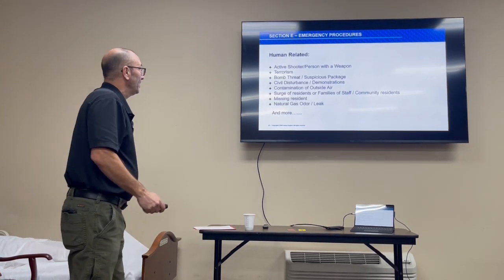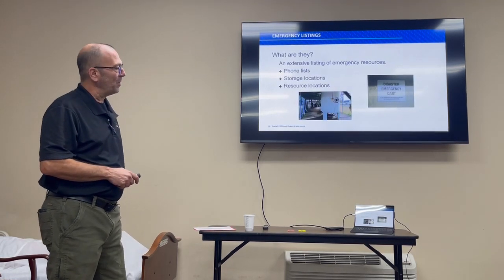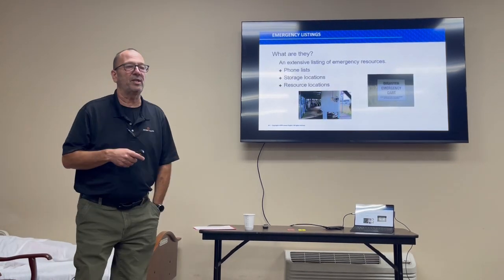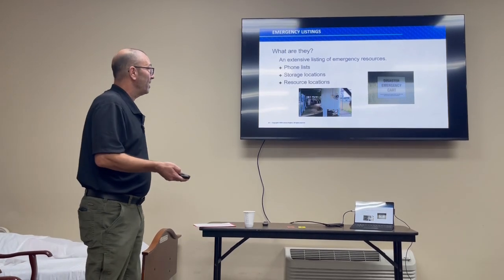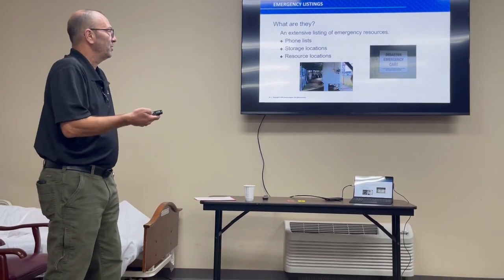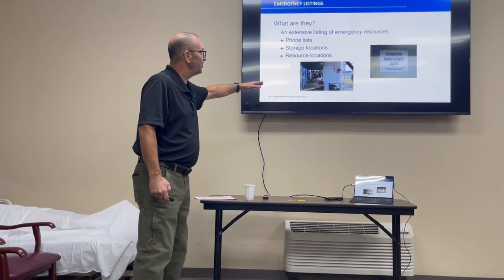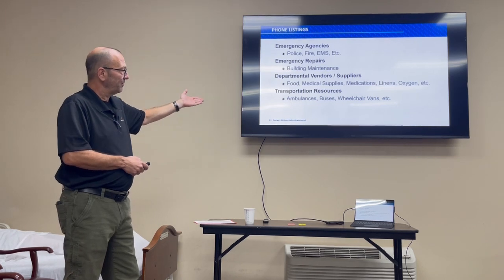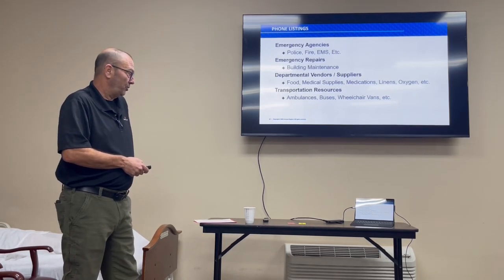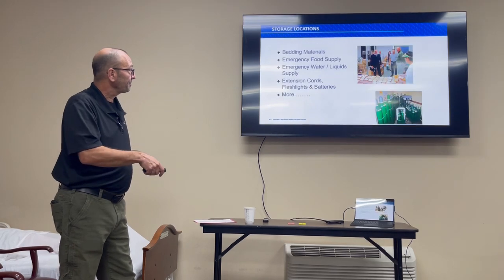All right. The other pieces here, as we wind down on the EOP, is really just having phone lists of your vendors. Who are all your vendors, having them listed. Also it's talking about storage locations, resources. Again, all your phone lists for all these folks is just critical, and it should be in your EOP and updated annually.